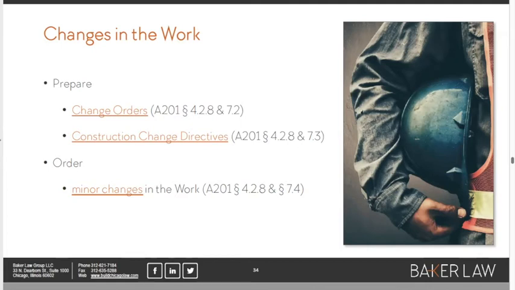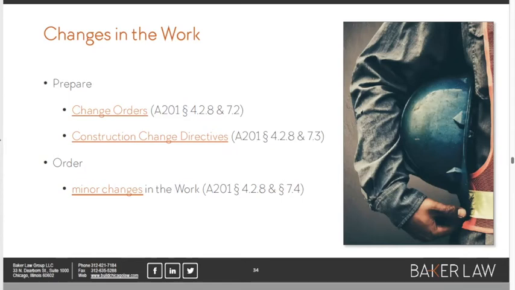Well, the construction change directive concept helps the owner get around that. The CCD basically says that if the contractor and the owner can't agree on a change order, the owner is allowed to essentially say, hey, GC, go forth and do the work, and we will figure out later whether you're going to get more time or money.